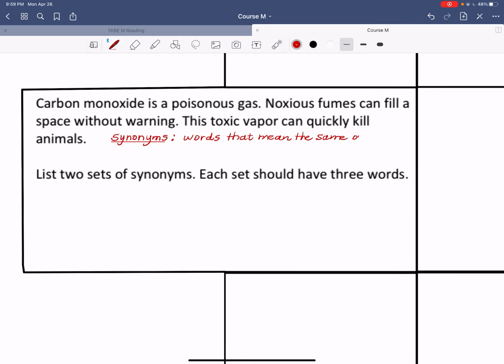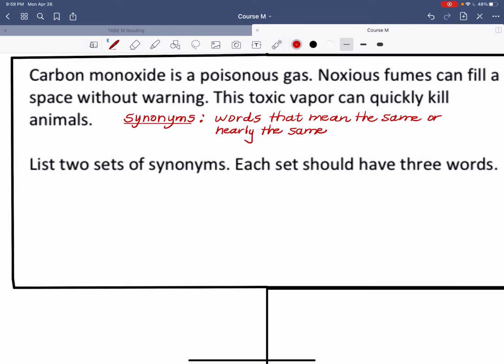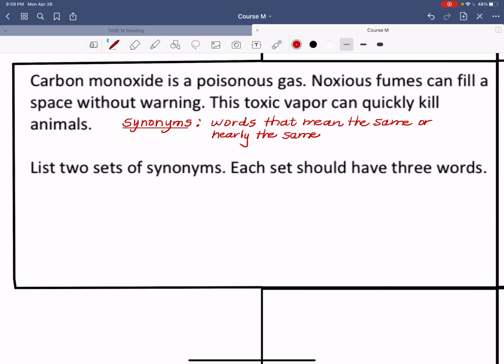They don't have to be exactly the same, but they're words that mean the same or nearly the same. So we're supposed to find 2 sets of synonyms in this passage.